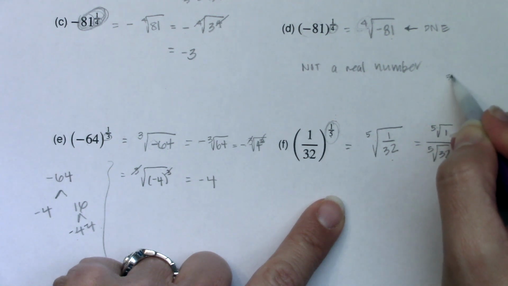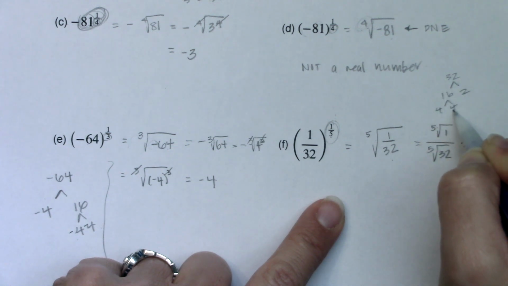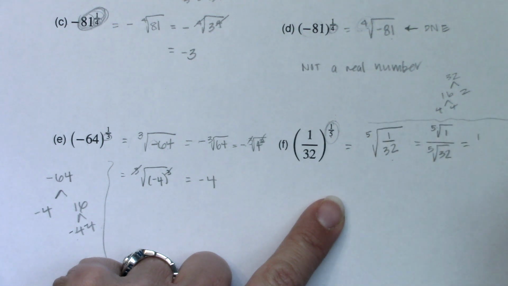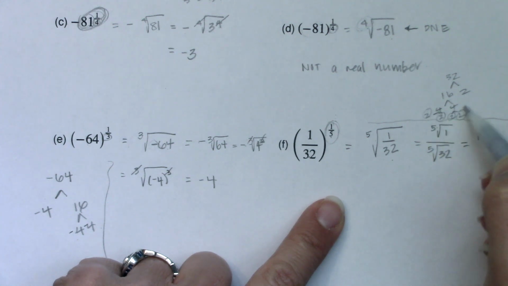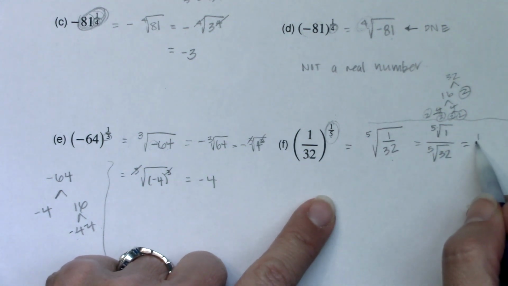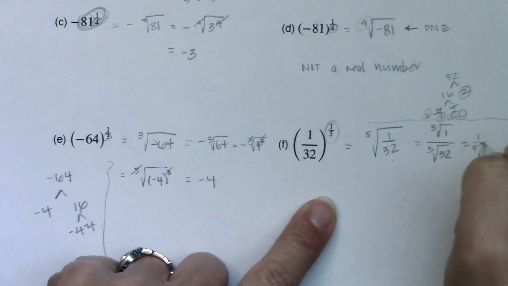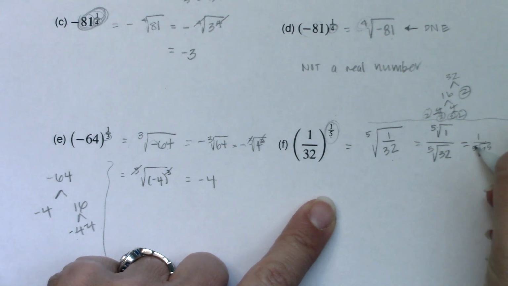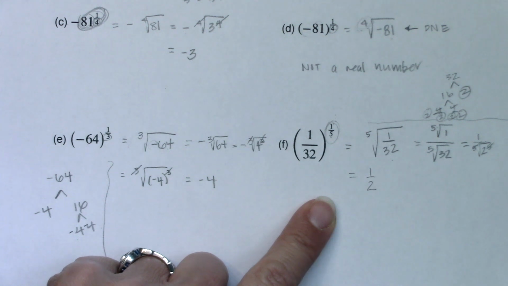And if you break down 32, we've got 16 and 2, 4 and 4, 2, 2, 2, 2. So you can see we have 1, 2, 3, 4, 5 2s. That's not by accident. I picked that number intentionally. So this becomes 1 over the 5th root of 2 to the 5th. Again, the 5th root and the 2 to the 5th cancel. This ultimately leaves you with 1/2.